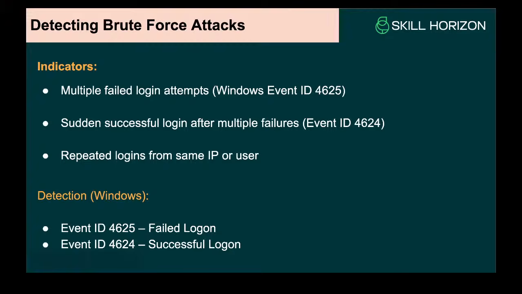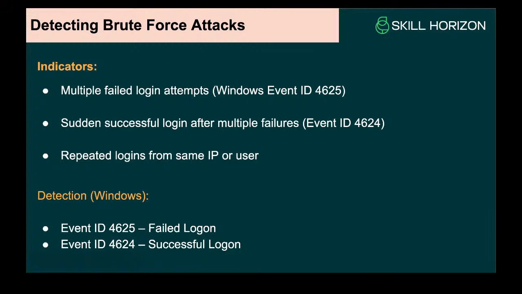I think the 13-14 session will be based on these event ID detections, right? And then the second indicator was sudden successful logins after multiple failures. So in this particular indication, you get to know that the attacker is basically trying to log in to your system with a word list or with a brute force attack, and they failed multiple times.